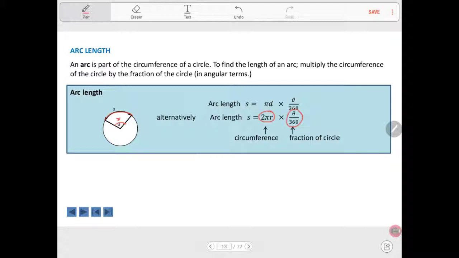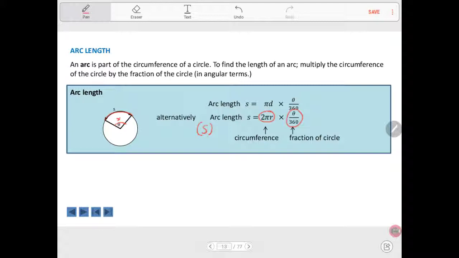S means arc length. Now, I know that arc length starts with an A, and this is an S, but I suppose the letter A was already taken for something else, so they just decided to use S for the arc length here.